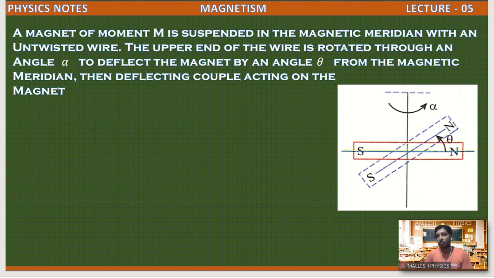When we twist this wire through an angle alpha, the magnet also rotates by an angle theta, but these two are not equal. If you twist the wire by 60 degrees, the magnet may rotate by 30 or 40 degrees. So what is the relation between alpha and theta? What is the value of theta?